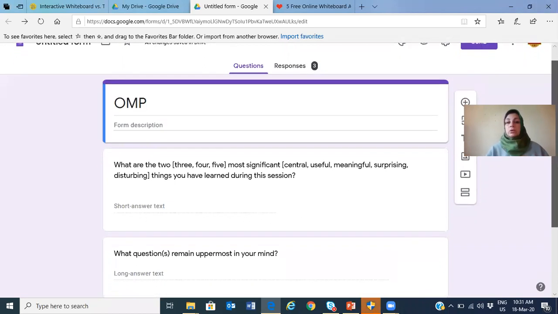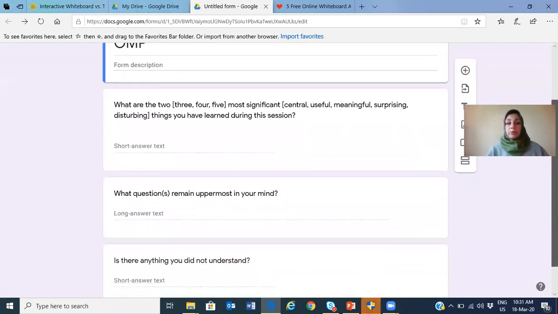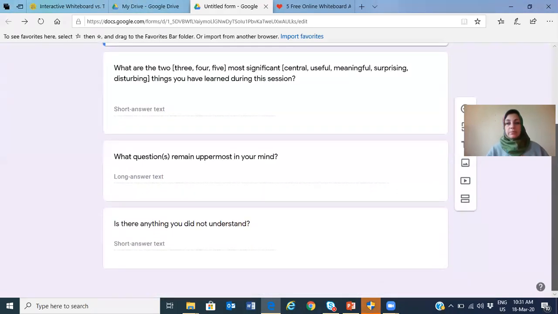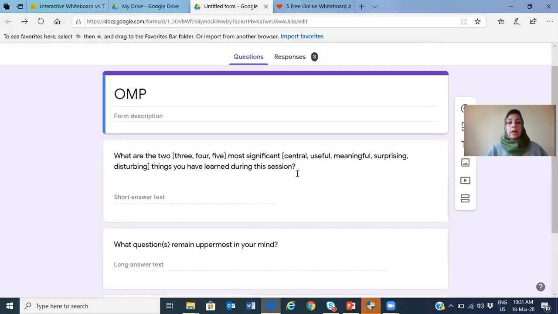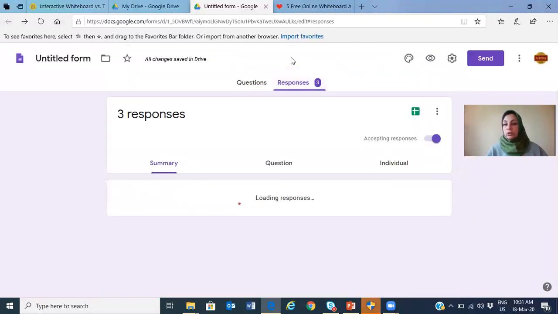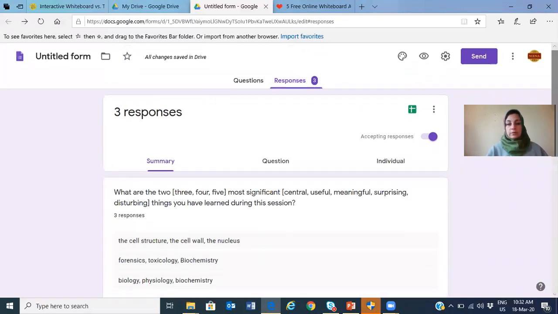Okay, so this is a 1-minute paper that we have created. As you can see, the same 3 questions that you just saw earlier, they are on the Google form. I have 3 students who have responded, so I opened the responses to take a look, and this is what the responses look like.